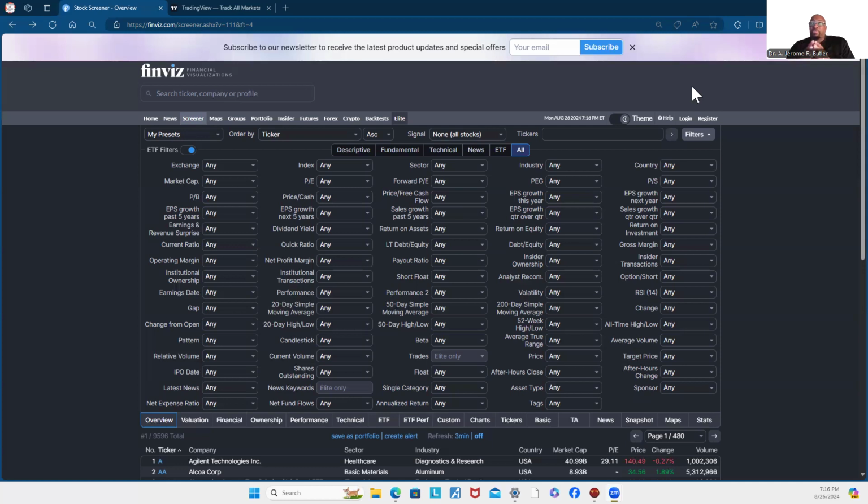But for training purposes, find where in your platform you can manipulate these categories: trailing stop losses, automating your setup points, and alerts for when to come in and when to come out of a trade or an investment.